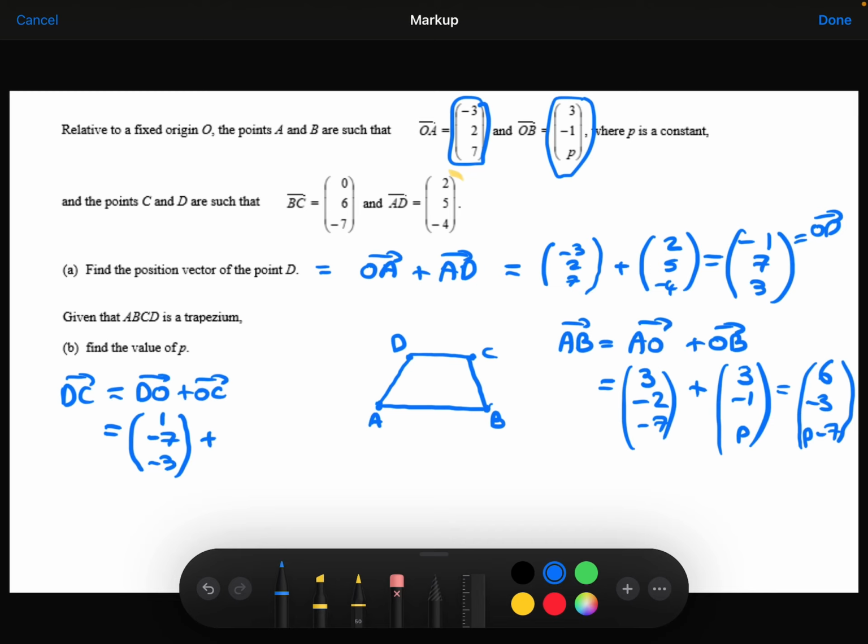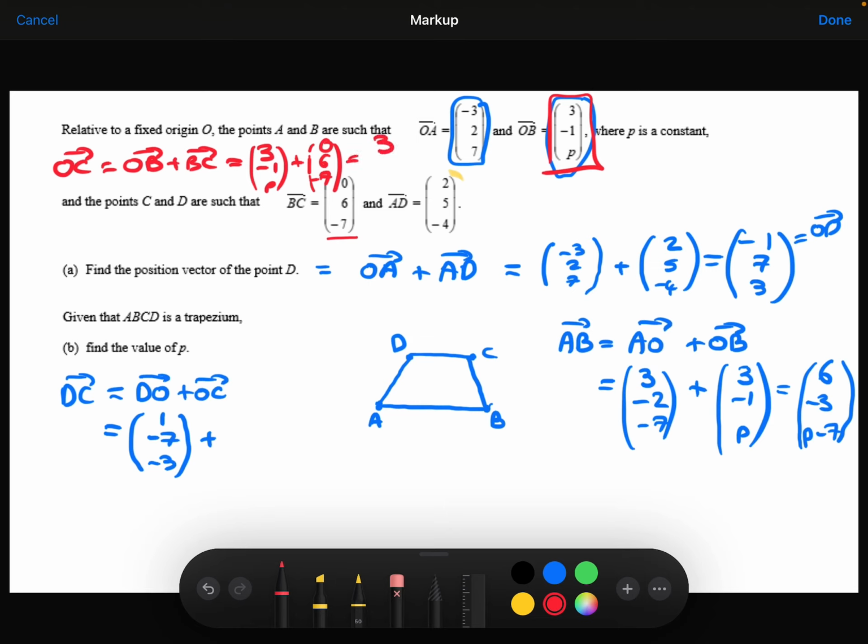And O to C, I've not got that written down anywhere yet, but I can work it out pretty easily. O to C is going to be the same as going from O to B plus B to C, because I do know both of those. O to B, I was told here, and B to C, I know here.